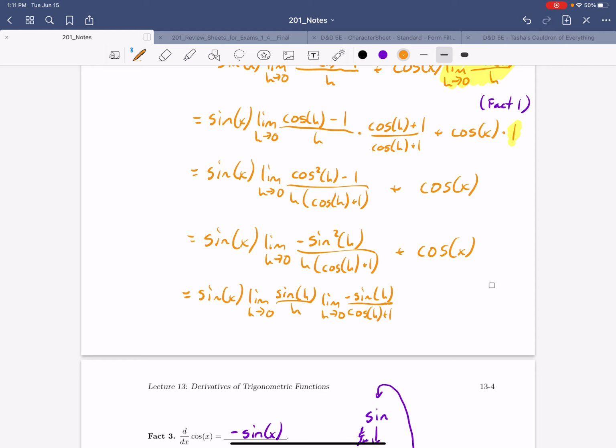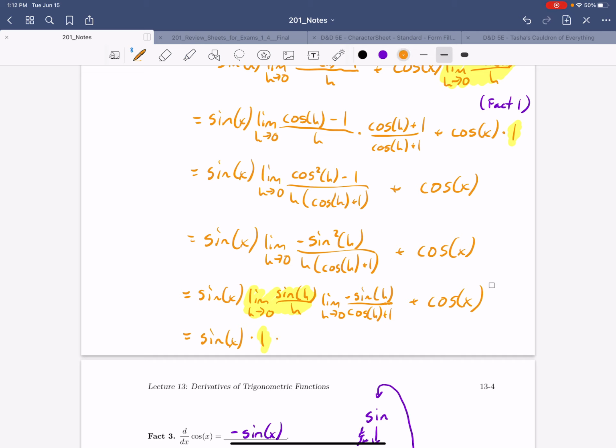Just draw that out. We see, actually, don't forget your cosine of x. We'll see that we get sine of x times 1. Again, hopefully we notice that. Fact 1 is once again appearing.